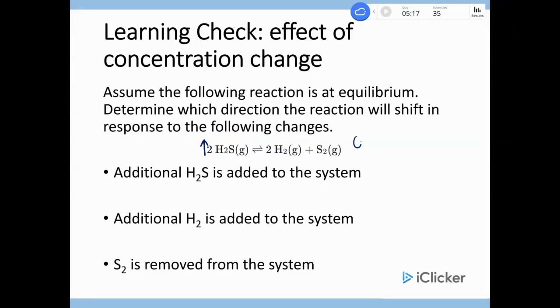We're trying to have Q equal to K. K does not change, but Q can change. So if we've increased H2S, increased reactant, for that ratio to remain the same as K, then product should be increased. So it shifts right.